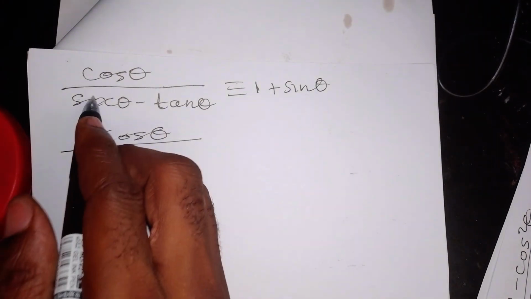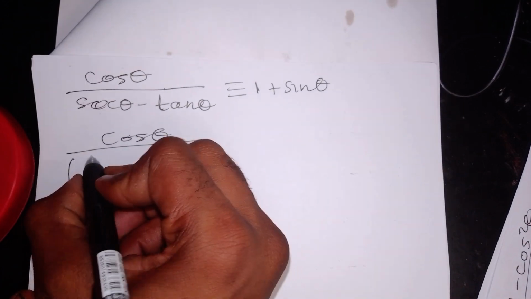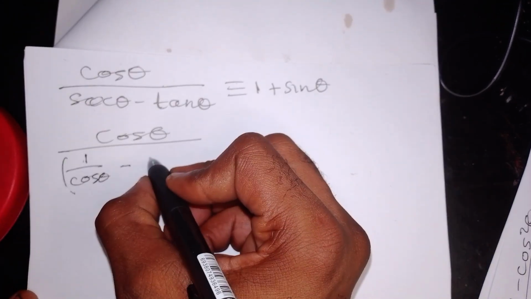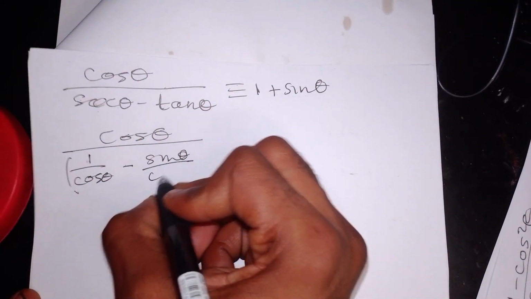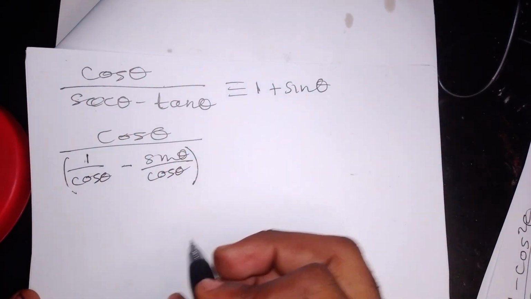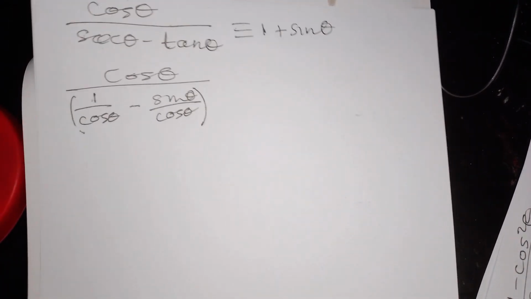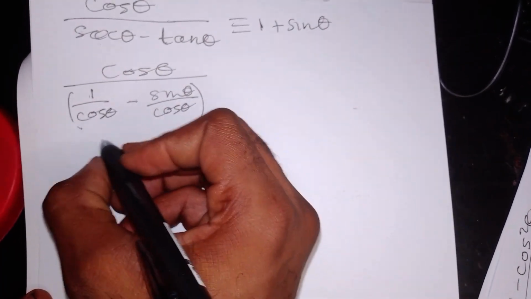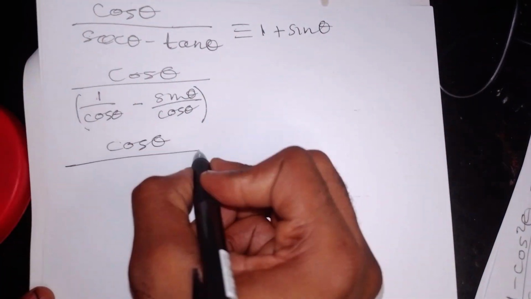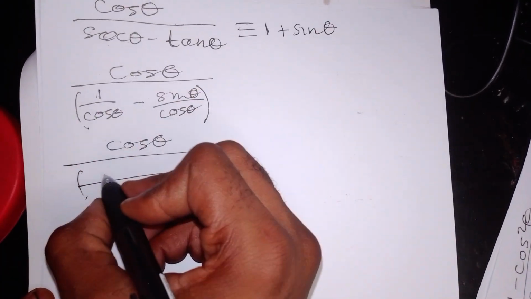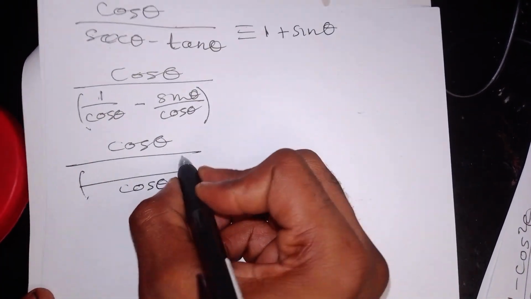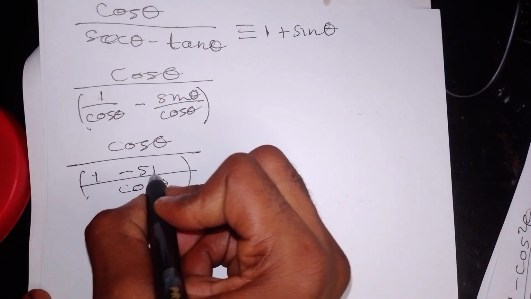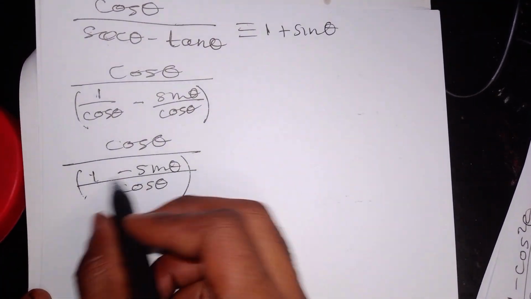To do that, let's write this as 1 over cos theta, and then this as sine theta over cos theta, and then we can combine these two to form 1. So since the denominator is cos theta for both, this will just be this. Yeah, this is what we want.